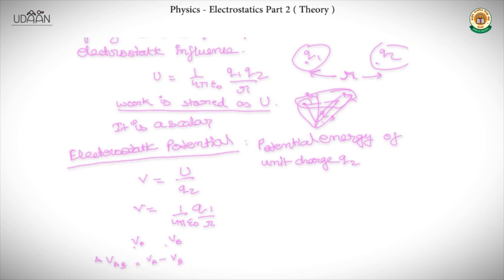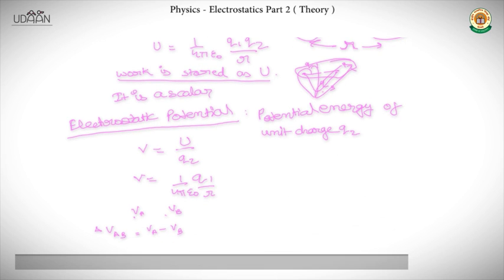Electrostatic potential is defined at a point due to a charge. So there is a charge Q, and because of its electric field, at each point we can define electrostatic potential, say V. So what is it exactly? V is equal to U by Q2.